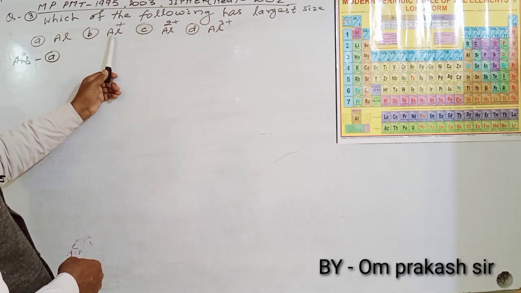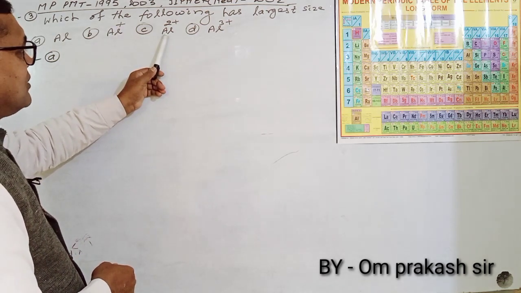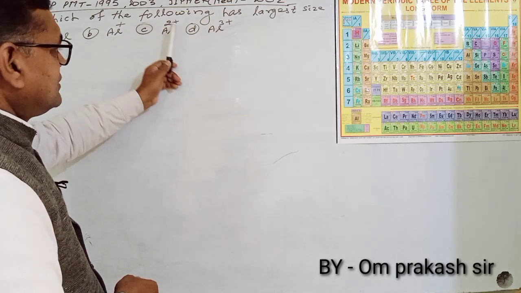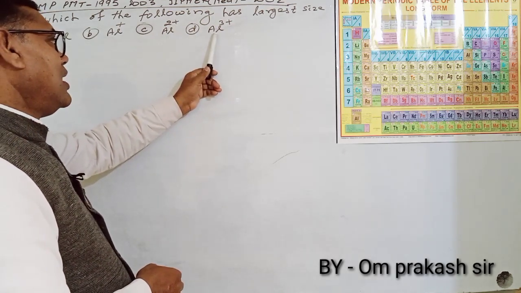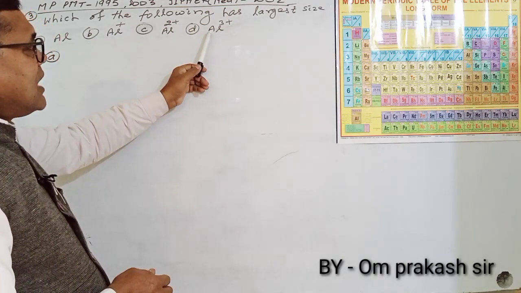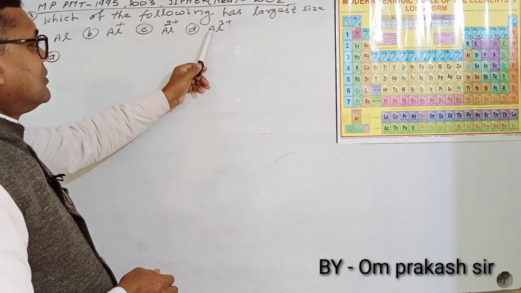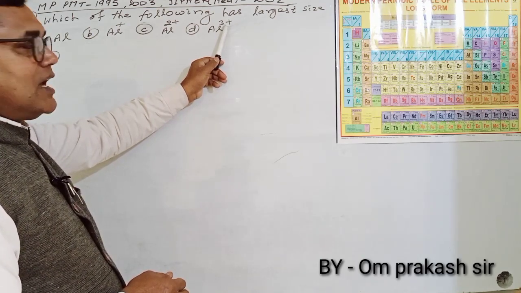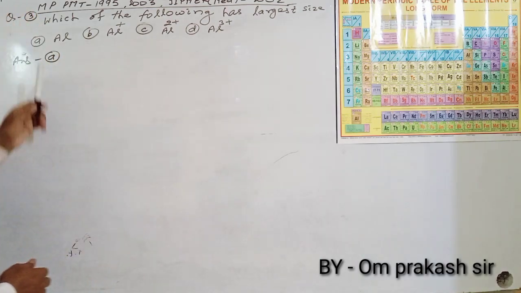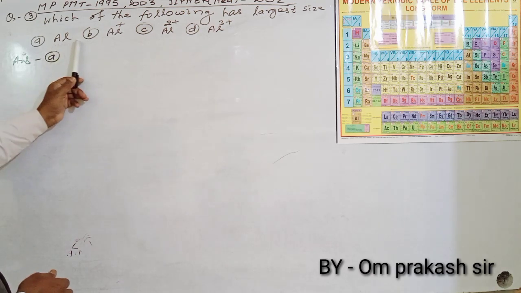Option B, aluminium ion has one positive charge, option C has two positive charge, and option D has three positive charge. The size of aluminium ion 3 positive charge is very small due to greater positive charge. In the option, aluminium atom has no positive charge, therefore the size of aluminium atom is biggest in the option.